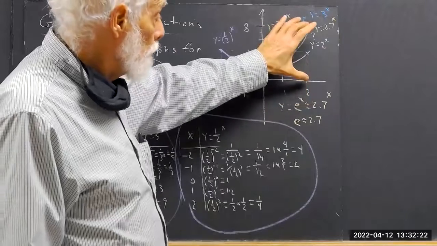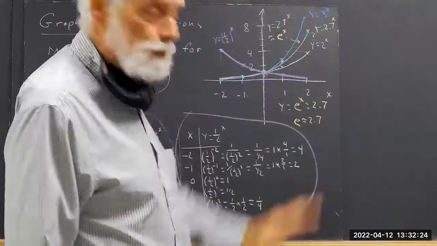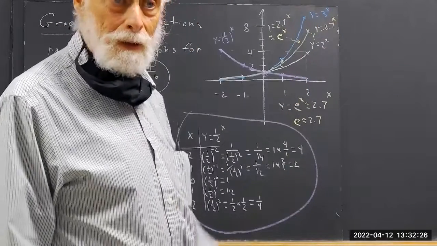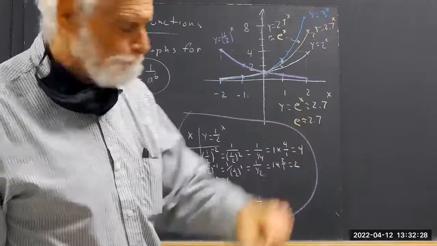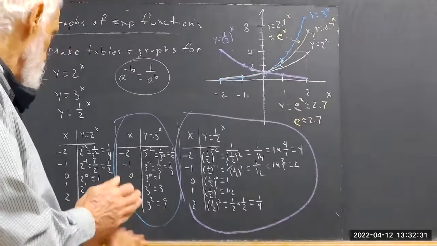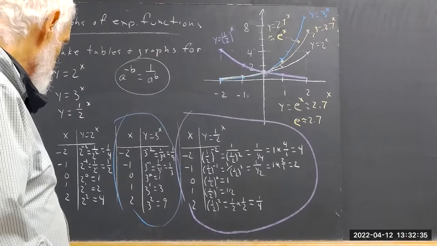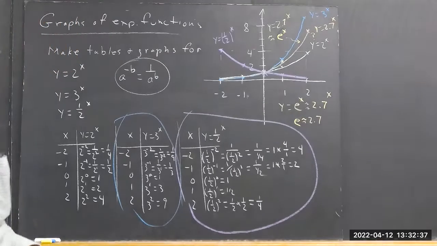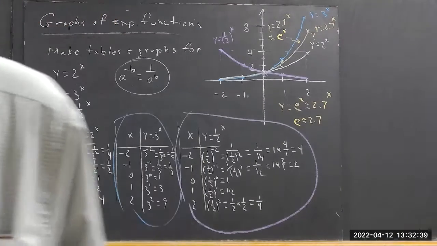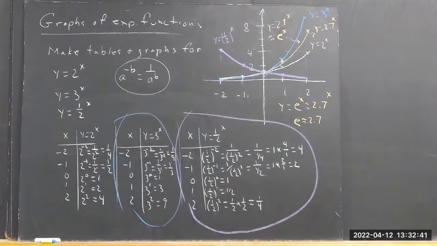So the further you are from the x-axis, the steeper the graph. And it's an exact correlation. Okay, that's a little preview, but you might want to carry that with you into your calculus class. And you'll see more about it there.